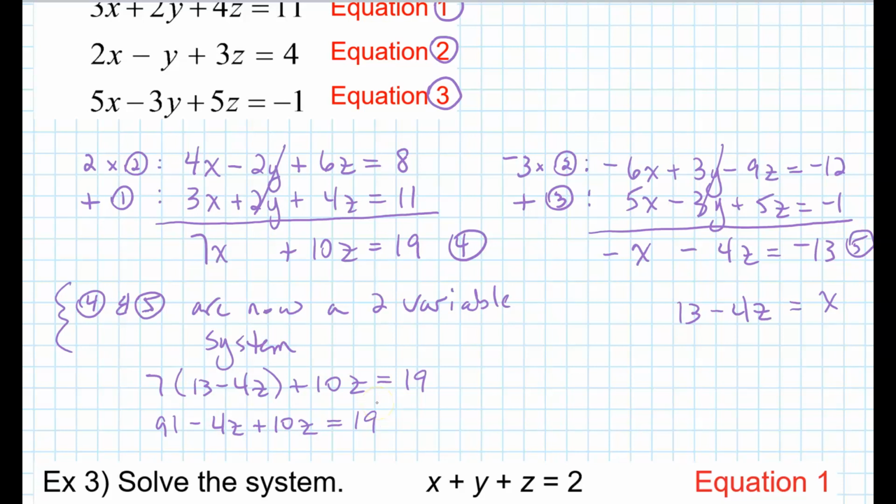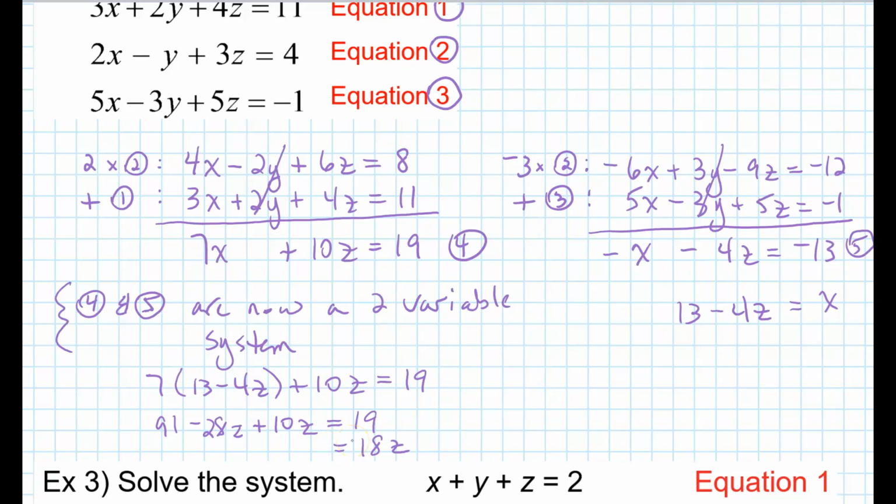28z. Thank you. I just thought I would make it today without making a silly mistake. So negative 28z plus 10z is negative 18z. I'm going to move it to the other side, so I have a positive 18z.